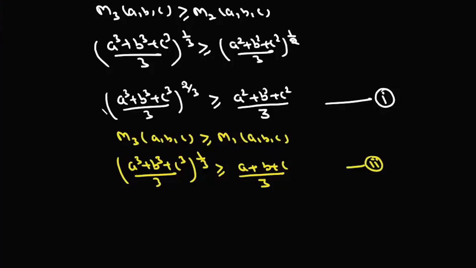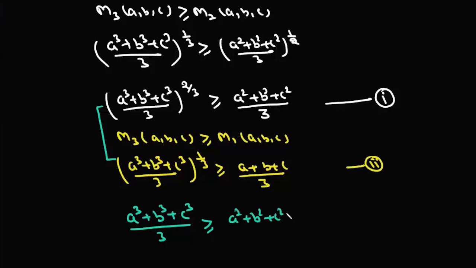Now what we'll do is we'll multiply these two. Now this is a cube plus b cube plus c cube upon 3, to the power 2 by 3 plus 1 by 3. So this part will be 1. So we multiply it, we get a cube plus b cube plus c cube upon 3 will be greater than or equal to a square plus b square plus c square into a plus b plus c whole divided by 9.